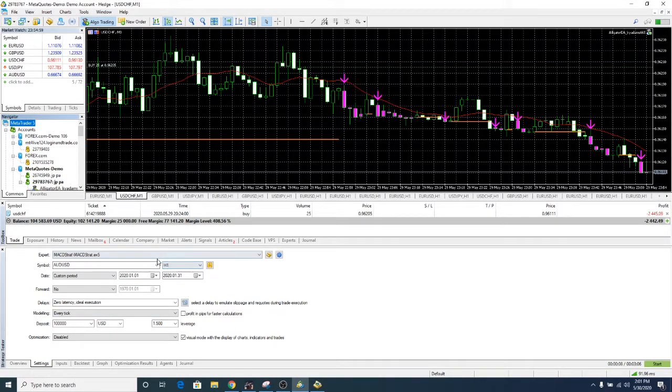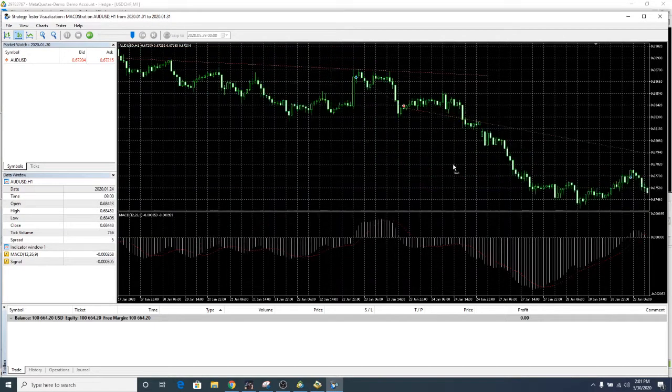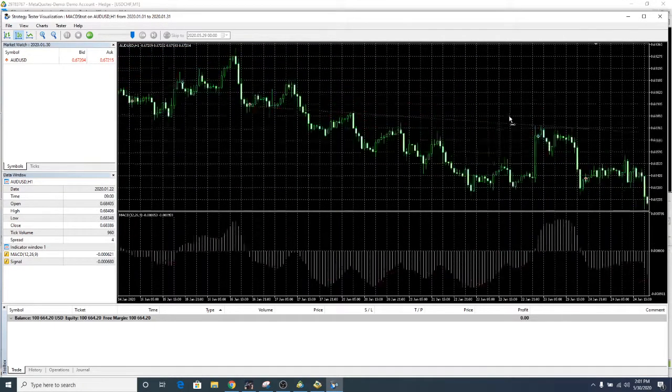We'll do it between the month of January, and let's get some data. As you can see, it's taking sells whenever it crosses to bearish, and it will be taking buys whenever it crosses positive, closing out and taking the other direction.